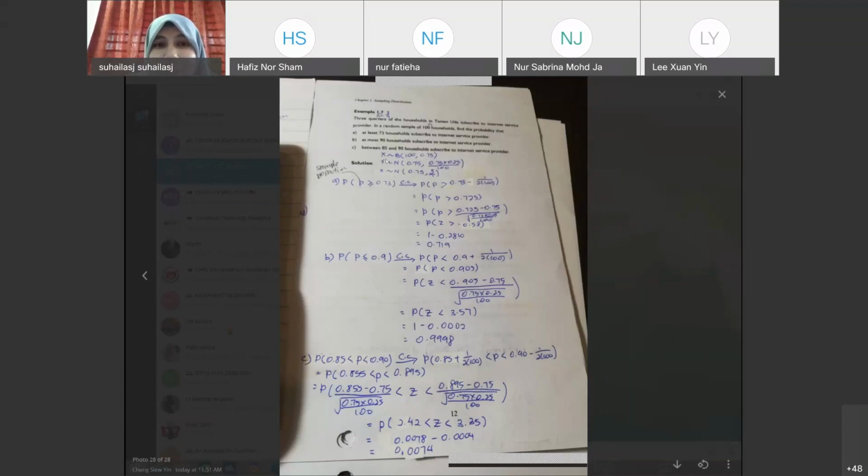Make sure you write P, sample proportion, otherwise you may not get full marks here. Capital P, the proportion, is normally distributed with mean pi and variance pi(1 minus pi) over n. The rest is okay.